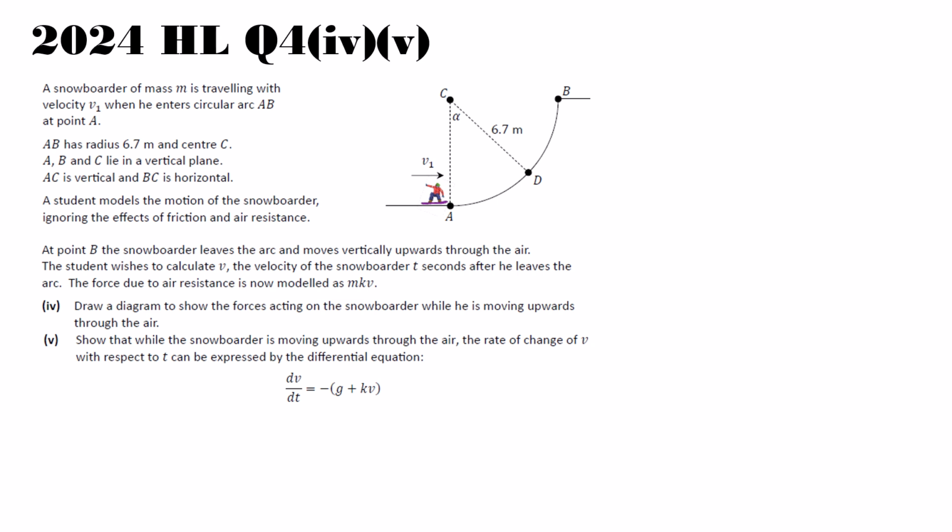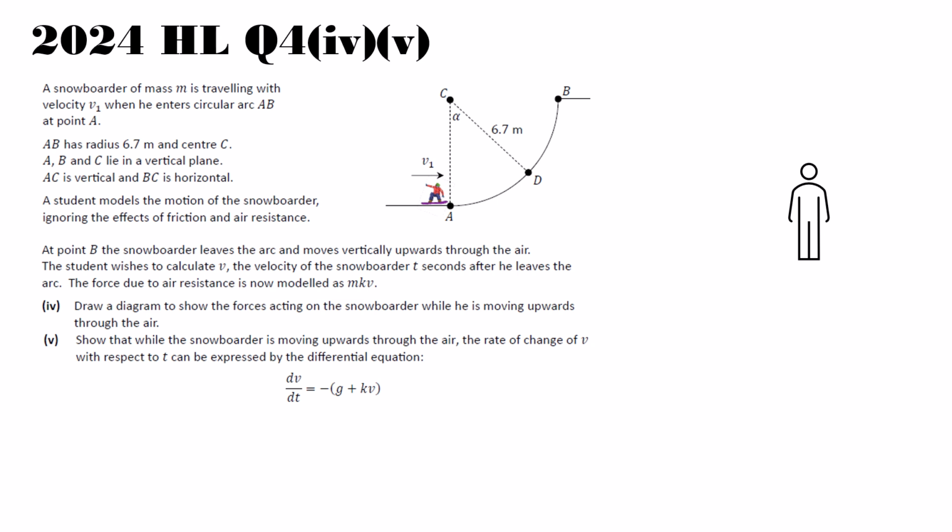But then we get to this part of the question, and it tells us that at point B, the snowboarder leaves the arc and moves vertically through the air. The student wishes to calculate v, the velocity of the snowboarder, t seconds after he leaves the arc. The force due to air resistance is now modeled as mkv. Draw a diagram to show the forces acting on the snowboarder as he's moving upwards through the air.